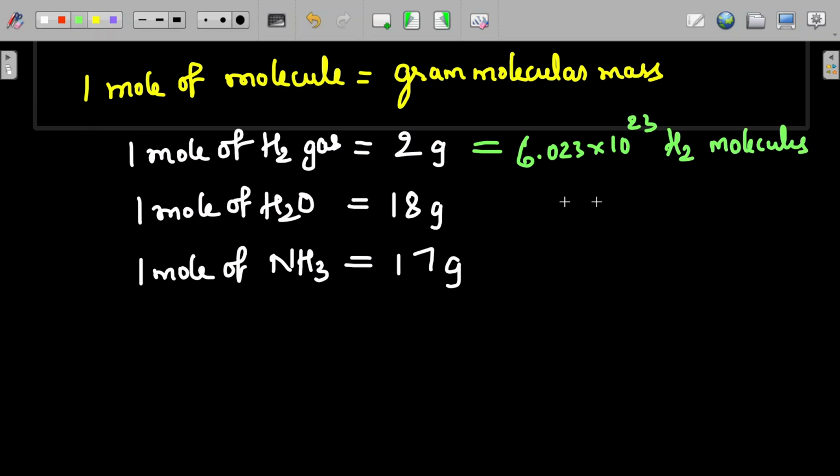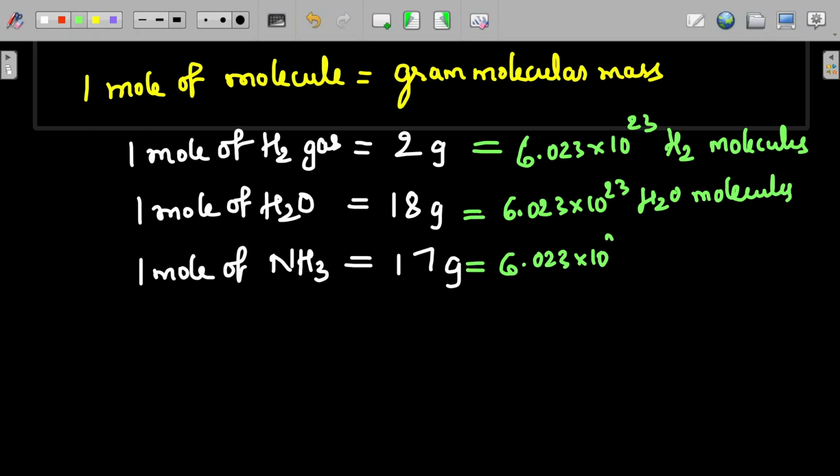So 1 mole of any molecule is equal to its gram molecular mass. 6.023 into 10 to the power of 23 water molecules. This one also, 6.023 into 10 to the power of 23 ammonia molecules. Okay? Simple. Now I have connected the first part also.